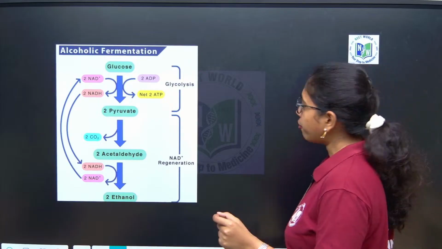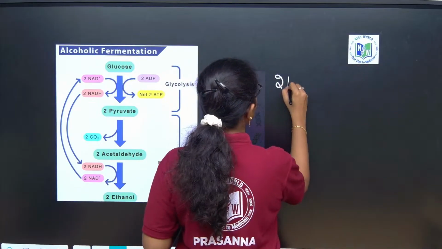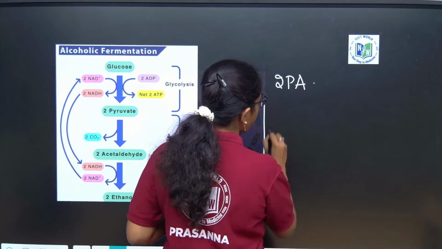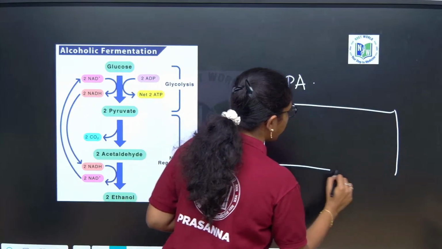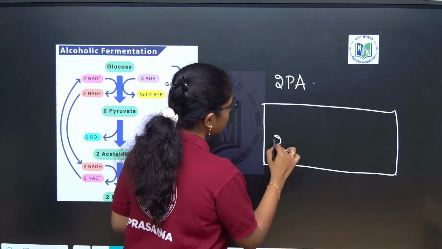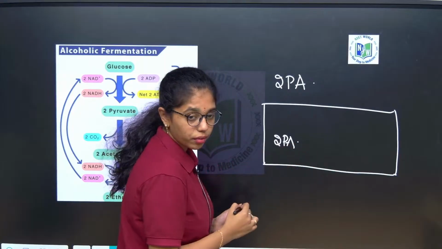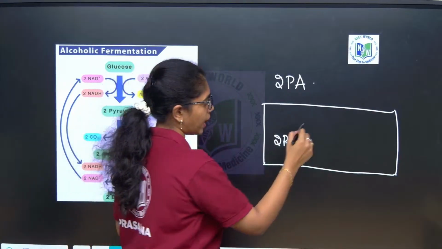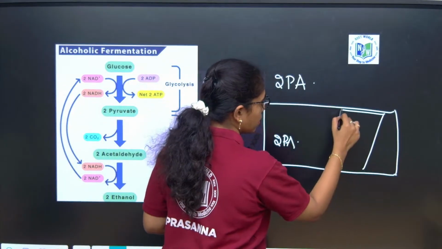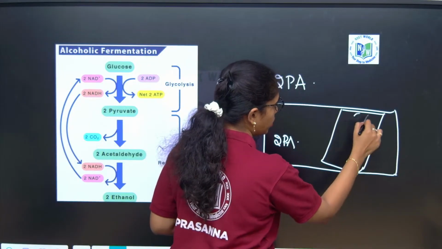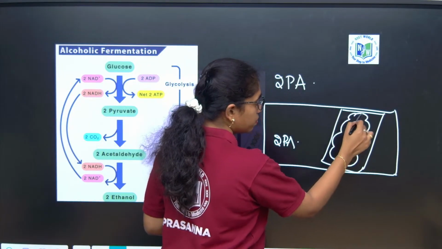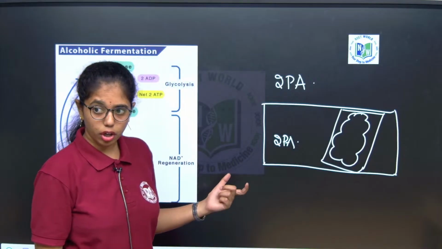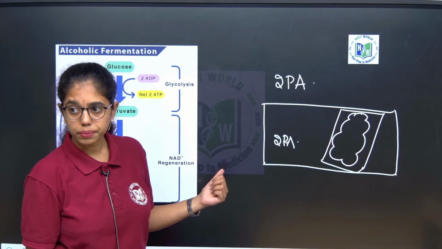Now, after formation of 2 molecules of pyruvic acid inside a cell, what happens? If it is aerobic respiration, what happens? Enters into the mitochondrial matrix. Good, Akshita. Mitochondria is how many membrane bound?